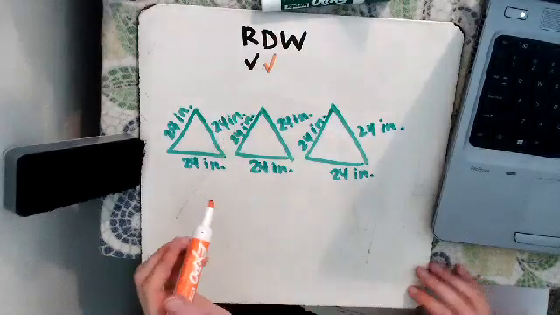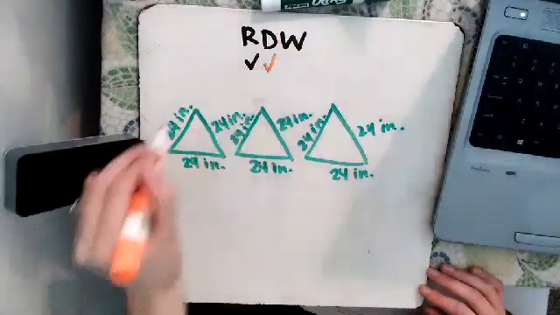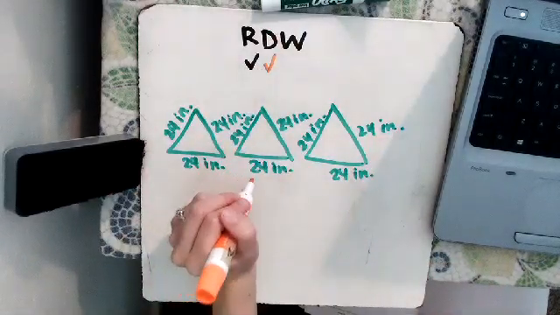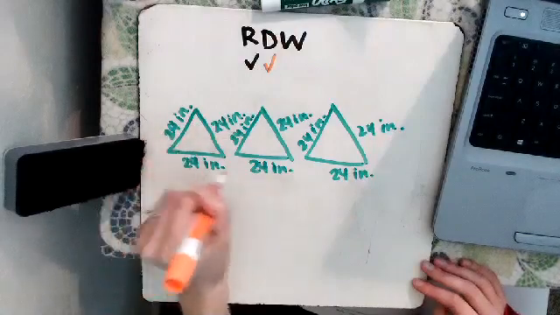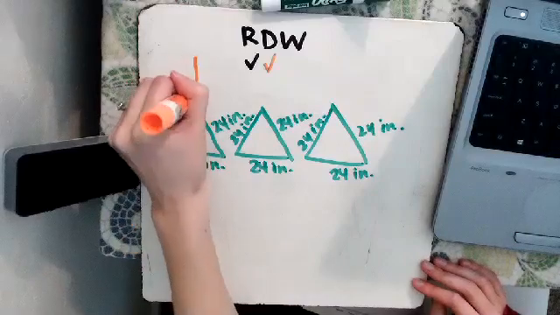Before I can find the perimeter or the inches of ribbon in all 3 flags, what should I do first? If you said find the perimeter of 1 flag, you're right. First, I'm going to just focus on this 1 flag.